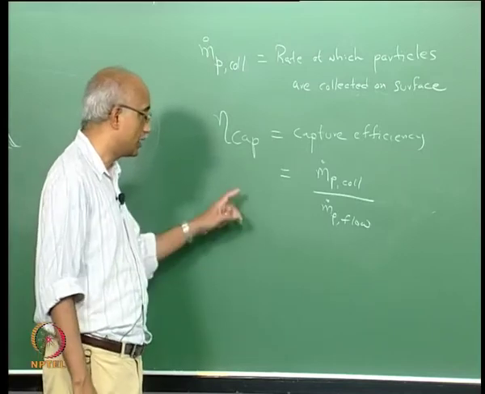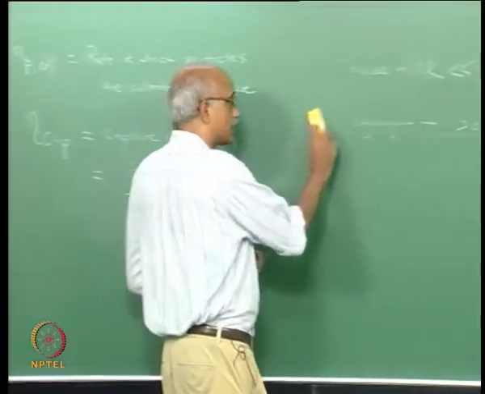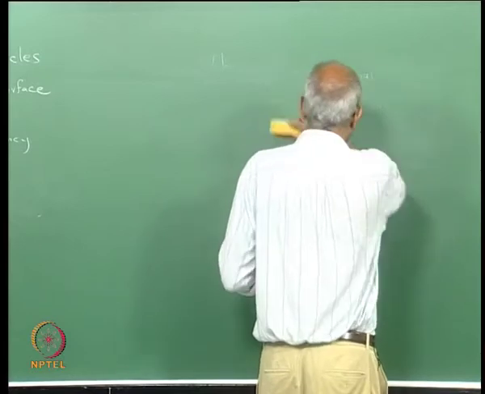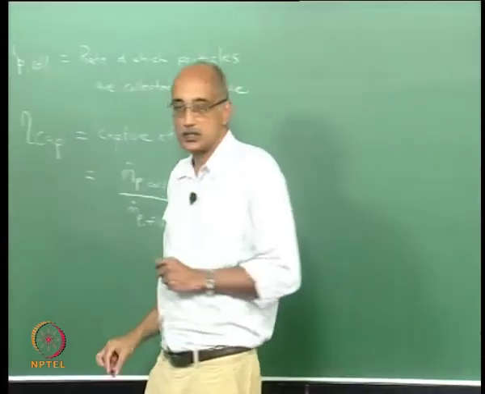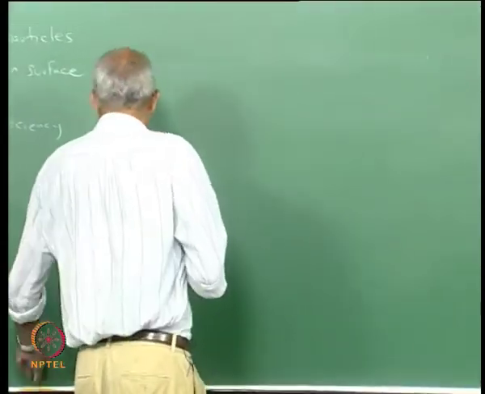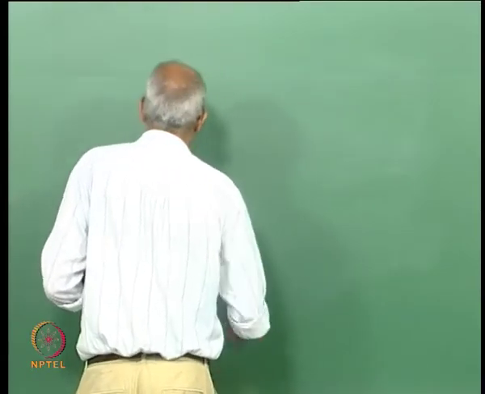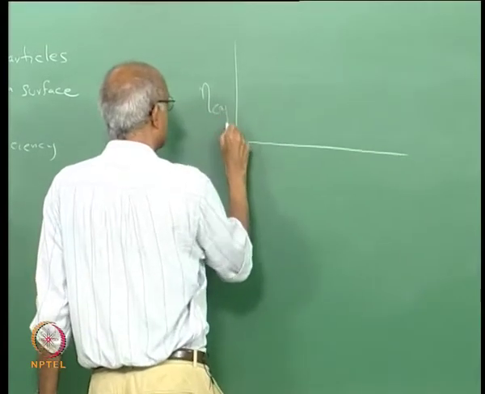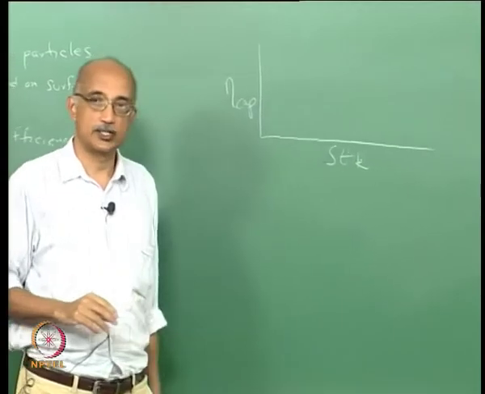So how is this related to the Stokes number? That is really the key question to answer. Is there a relationship between Stokes number and the capture efficiency? If so, what is its qualitative nature and what are the implications of this? So if you plot capture efficiency versus Stokes number, what kind of behavior do you expect?